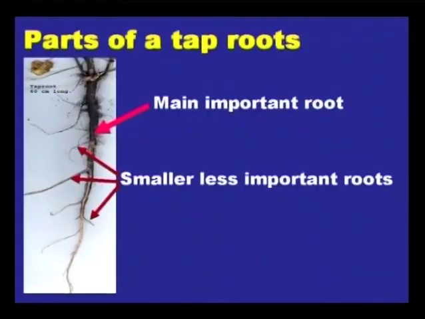Same to the taproot. The taproot has one main root. It has one main important root, and then it has smaller, less important roots. Right, you all understand? Good.